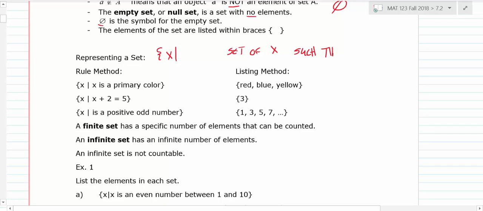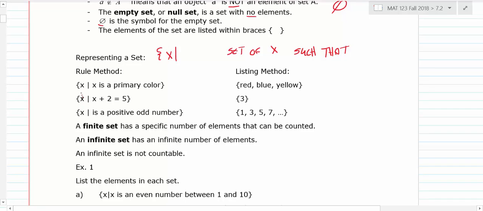The set brace says set of, x is just the element, and then this bar is such that. You'll hear me kind of reading that as we go. So I read this as the set of x such that x is a primary color. Well, if we listed the members, primary colors, if you don't know that, are red, blue, and yellow. Other colors are made from mixtures of red, blue, and yellow.